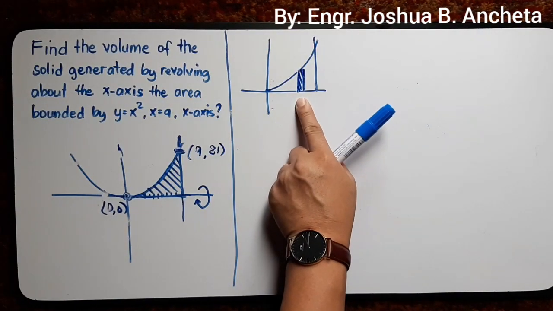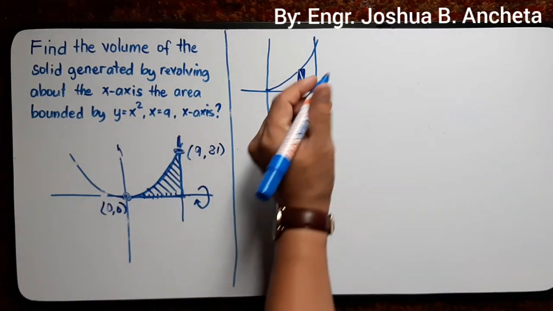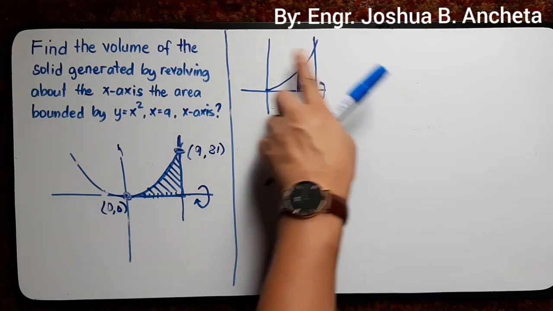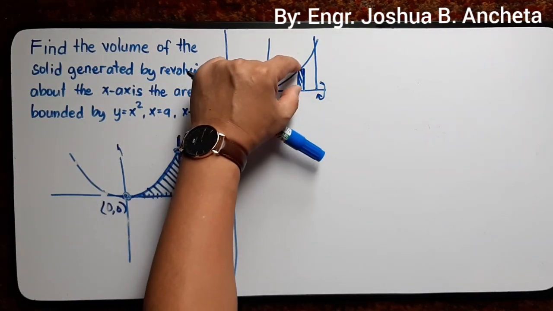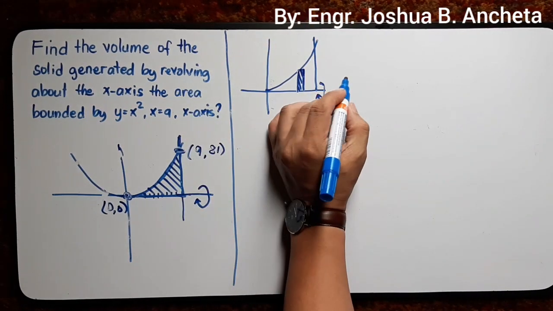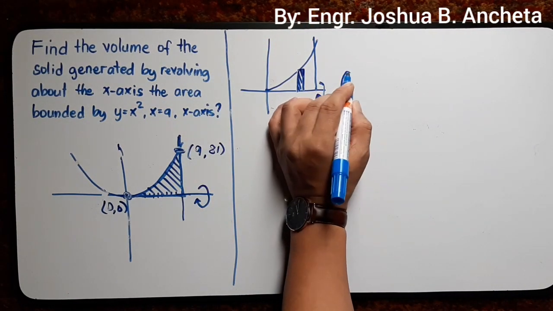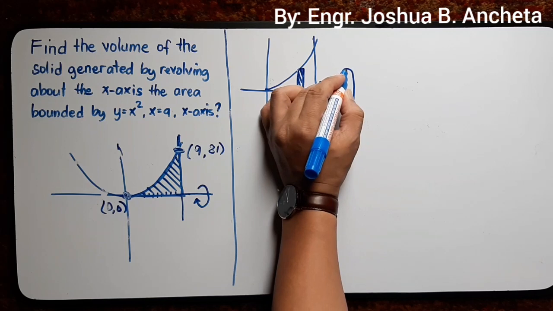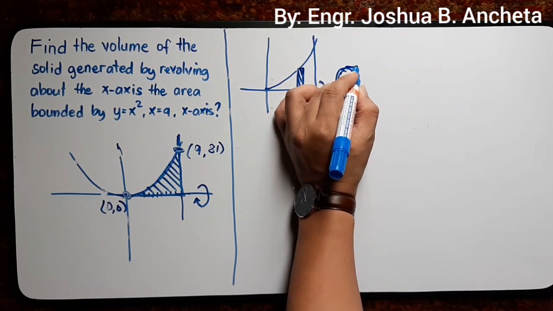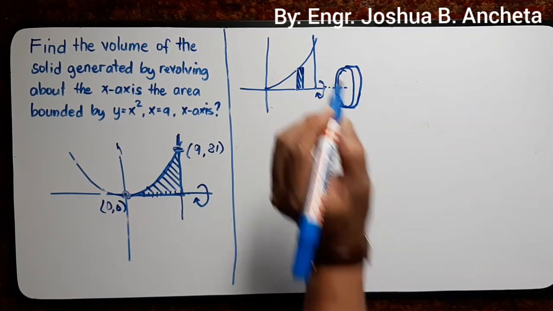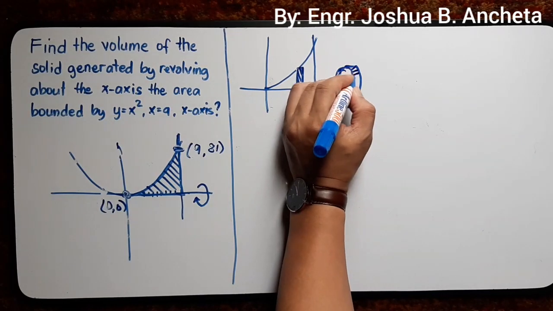This strip will revolve about the x-axis, and we can illustrate the solid that can be generated. Imagine this strip revolving about the x-axis. This is the generated figure.